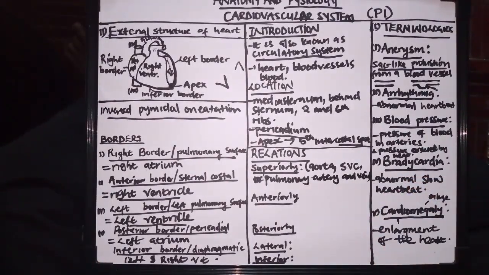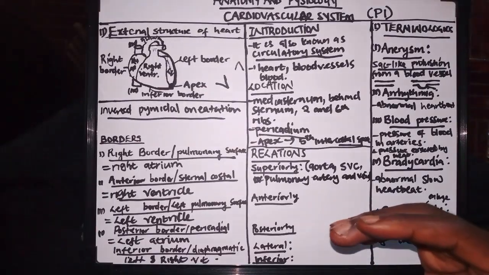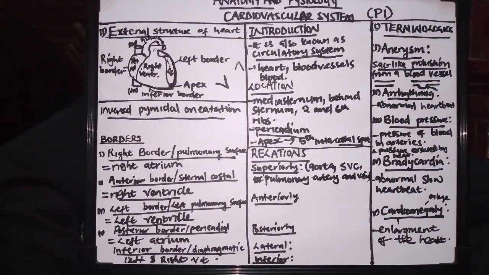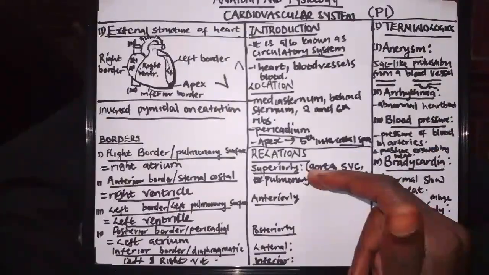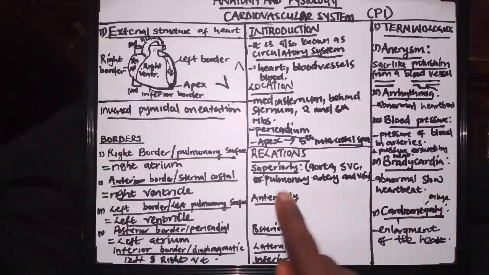So these four are the structures which form the superior part of the heart: the aorta, the superior vena cava, the pulmonary artery, and the pulmonary vein.